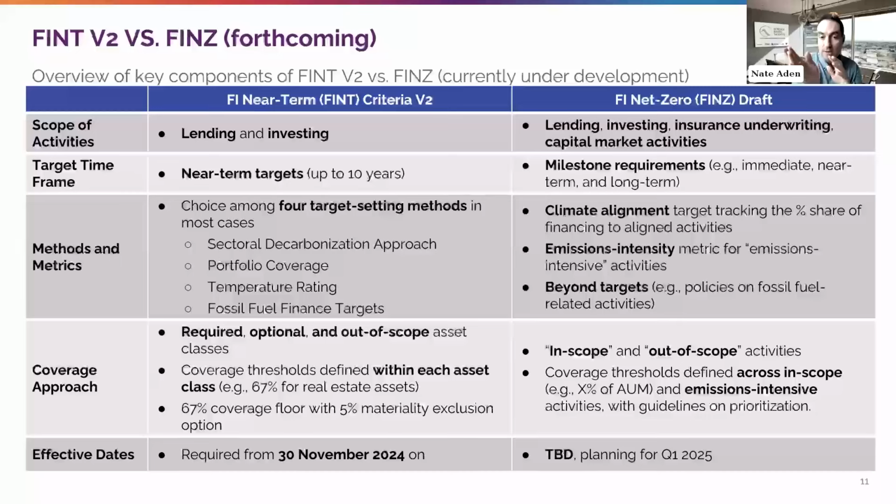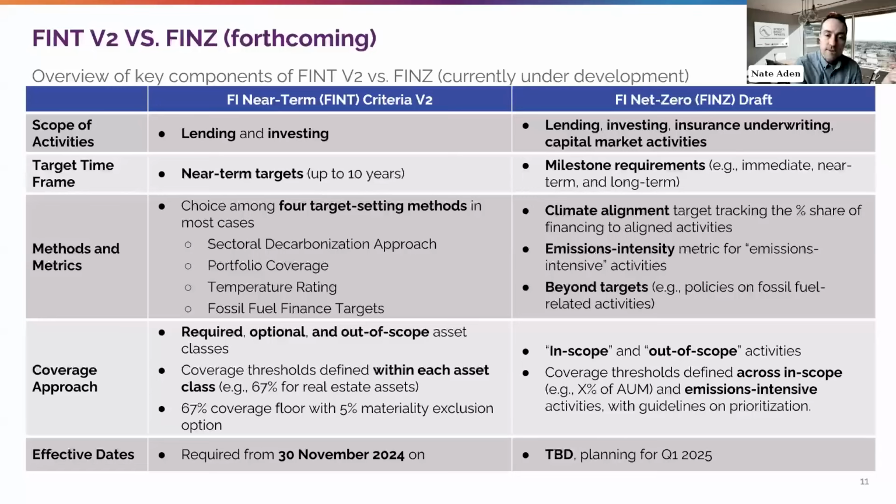So this is forthcoming for the FINS standard, but what's available now is FINT v2 on the left. Second, in terms of time frame, as you would expect, the FINT criteria are near term, so they're just up to 10 years at this point, whereas the FINS standard is expected to go farther out insofar as most financial institutions can't actually achieve net zero within 10 years.